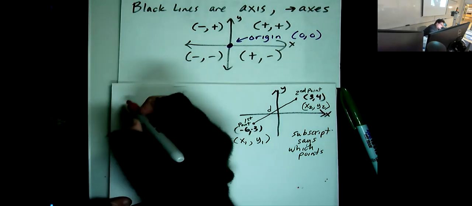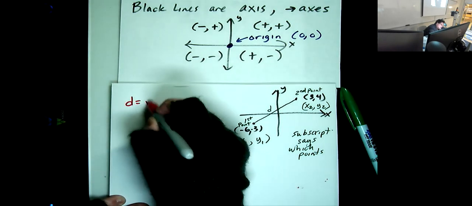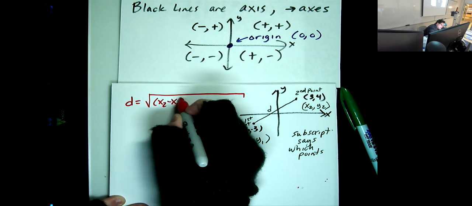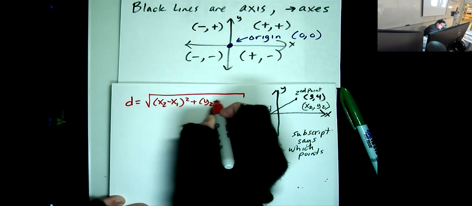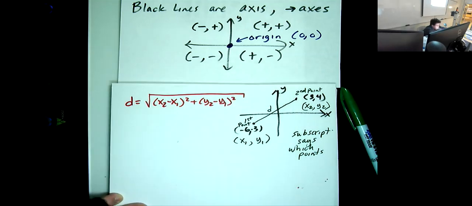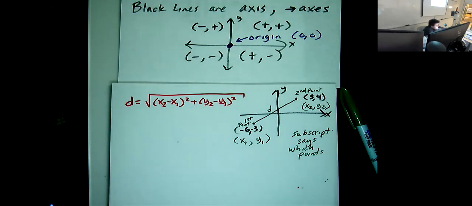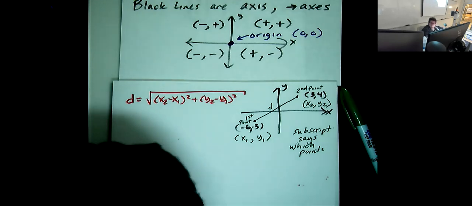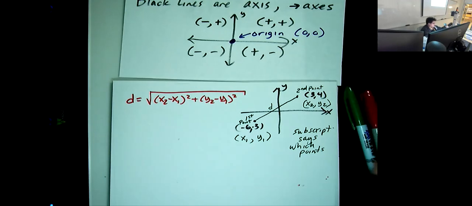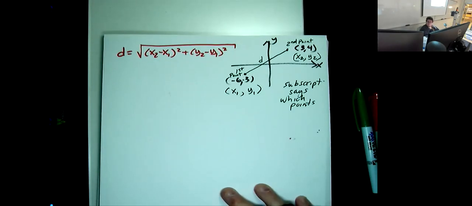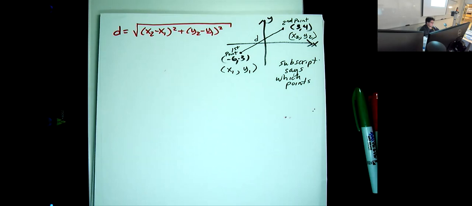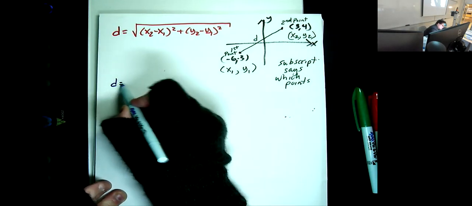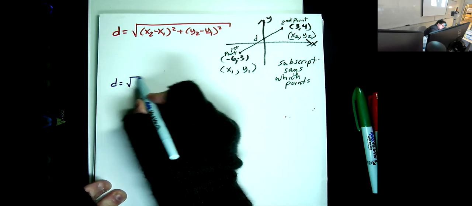The distance formula is the square root of (x2 minus x1) squared plus (y2 minus y1) squared. So if I plug those in, let's just see what we get.